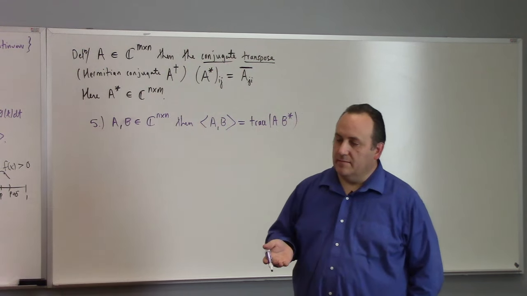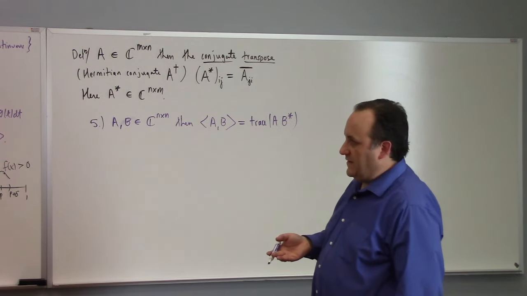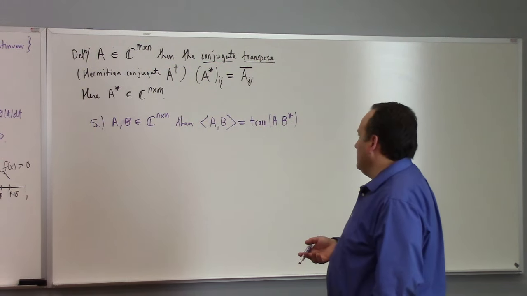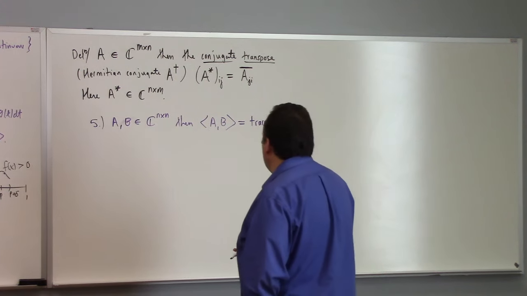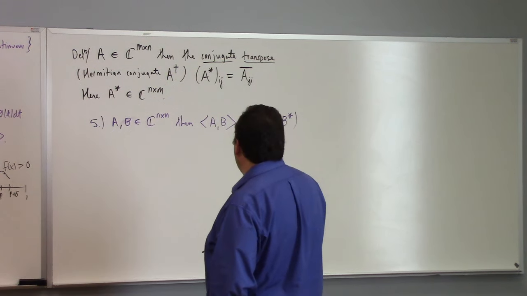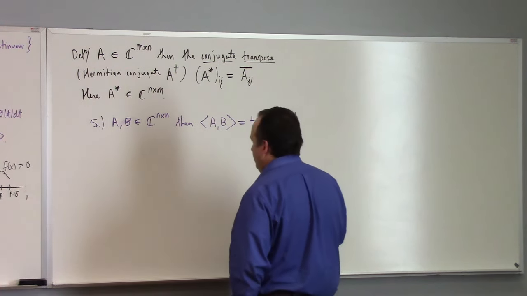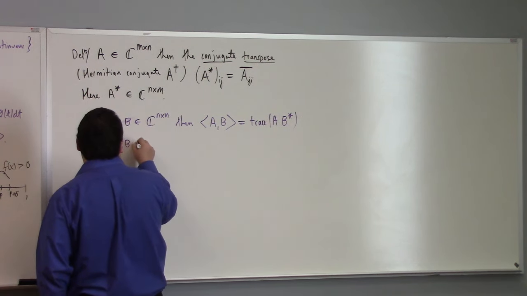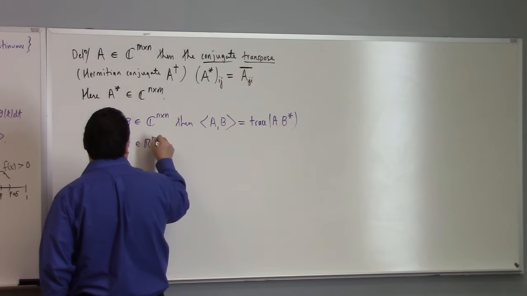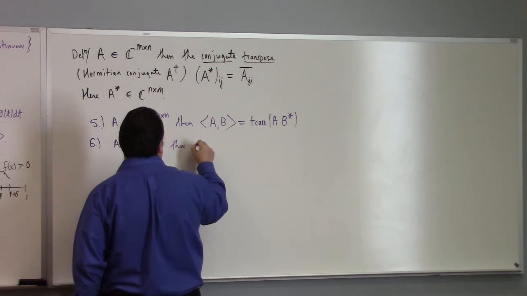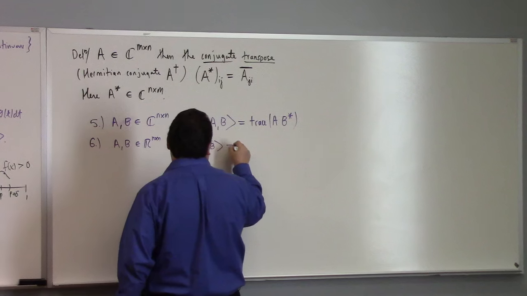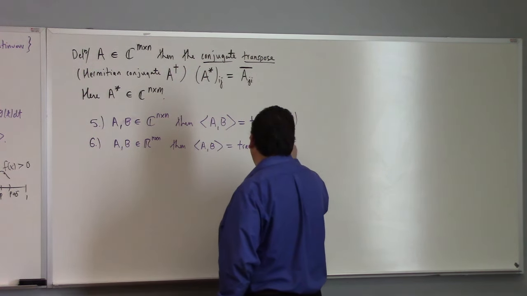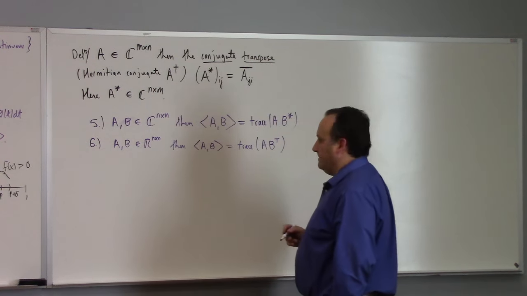You can easily check that this has the requisite properties. Well, it's not entirely easy, I guess. If A and B are in Rn by n, what would you do then? You just do A B transpose.